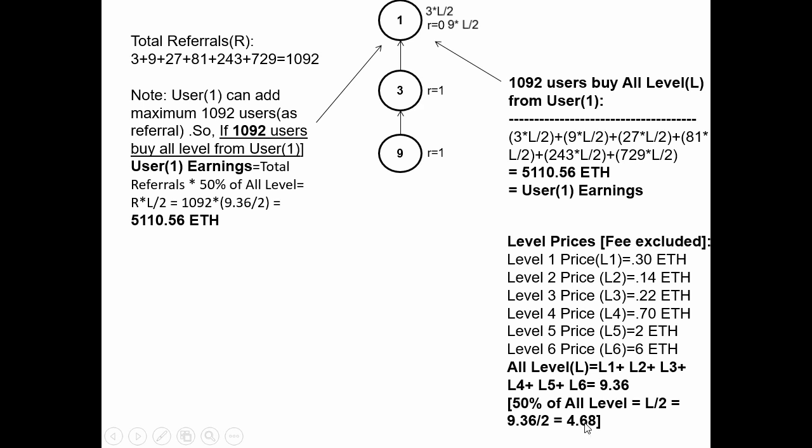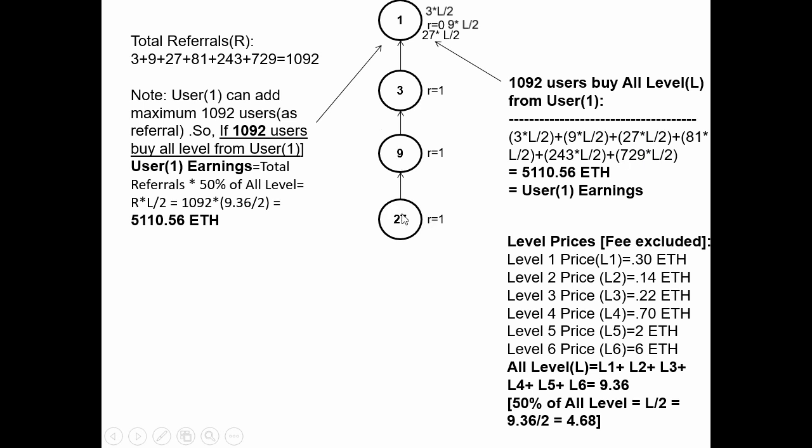Here L equals 4.68 Ethereum. The same way user 1 can add 27, and if 27 users buy all levels, then he will get the 50% of 27 like this.